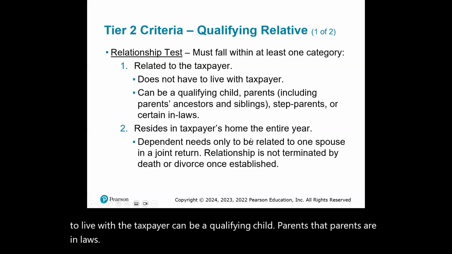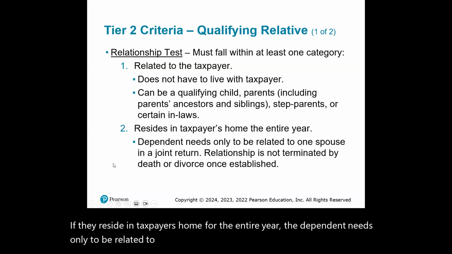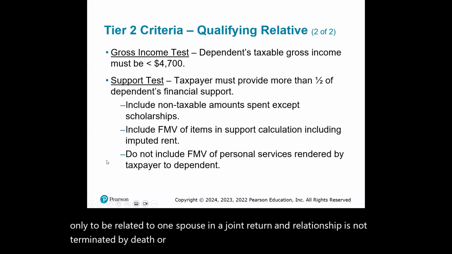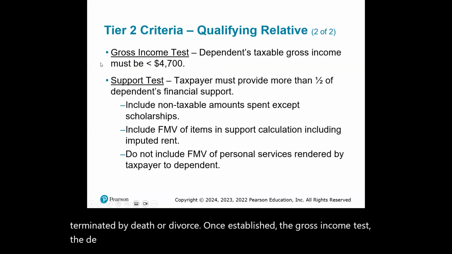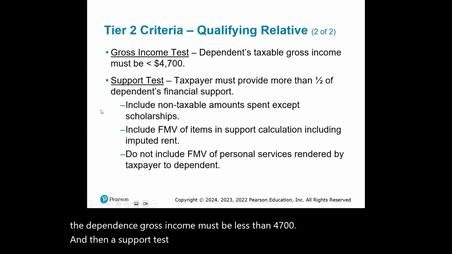If they reside in the taxpayer's home for the entire year, the dependent needs only to be related to one spouse in a joint return, and the relationship is not terminated by death or divorce once established. The gross income test: the dependent's gross income must be less than $4,700. And then the support test: the taxpayer must provide more than 1/2 of the dependent's financial support.